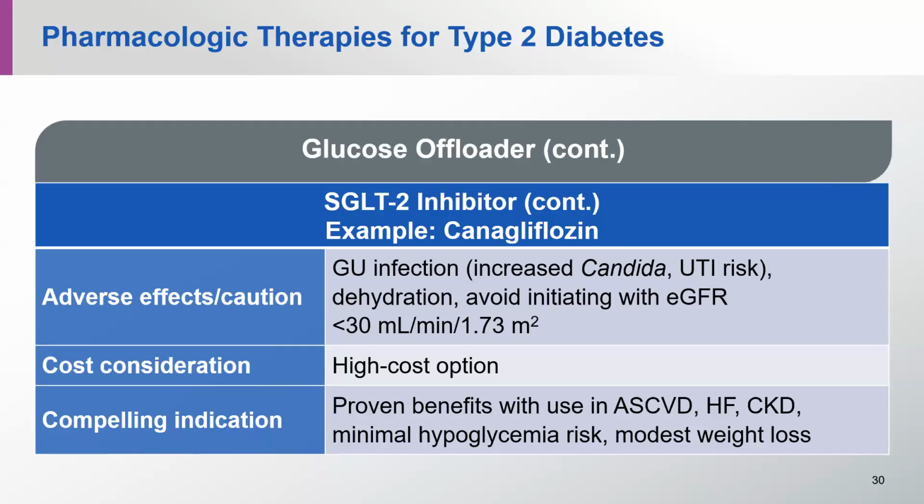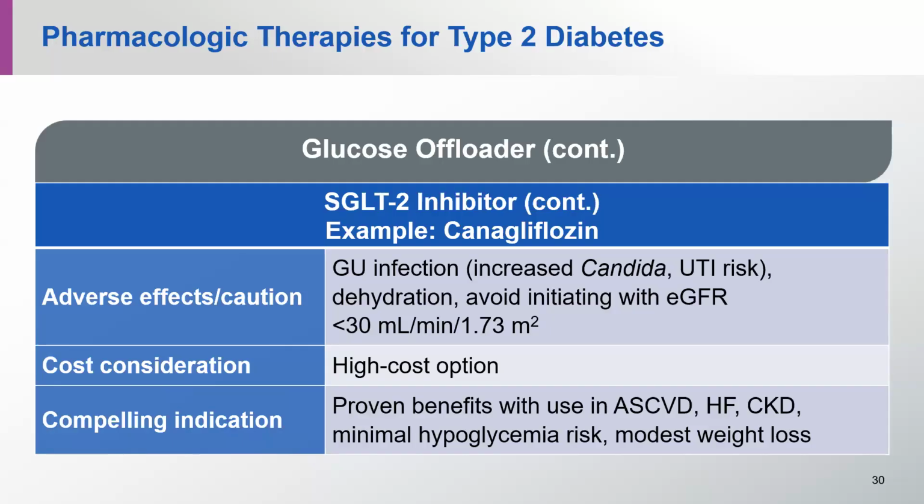Then you give one of this drug class, what you can end up with is some lightheadedness from dehydration. And the sugar is going out someplace. It's going out through the urinary tract, so there is increased UTI risk and increased risk for genital candidiasis.